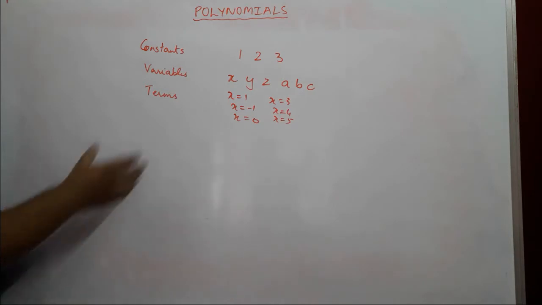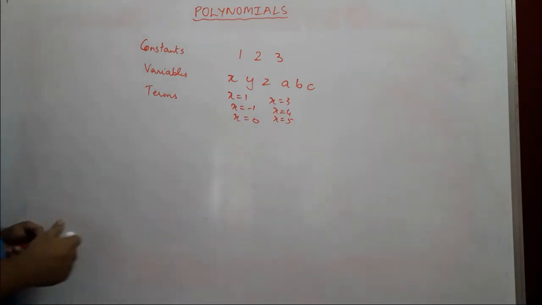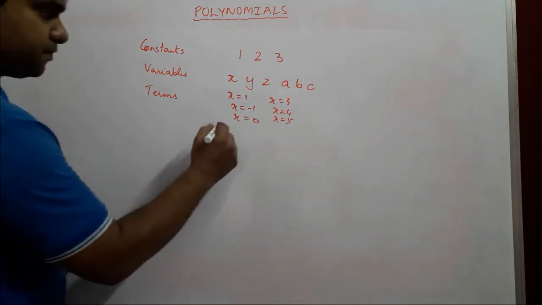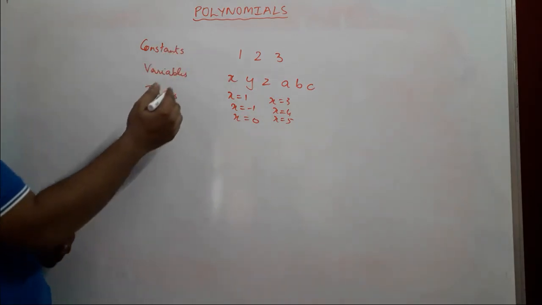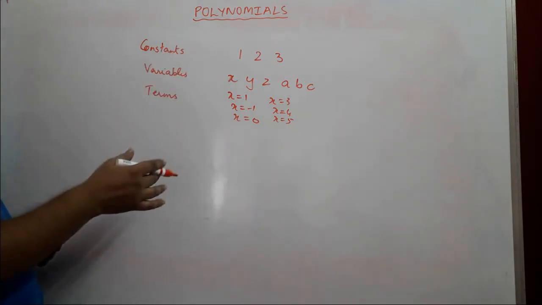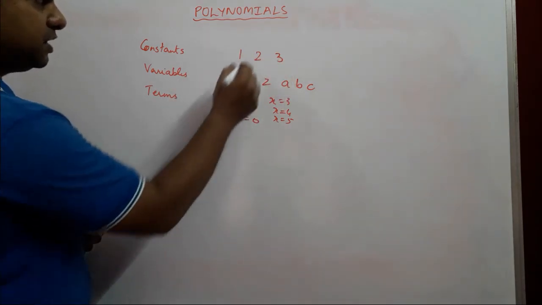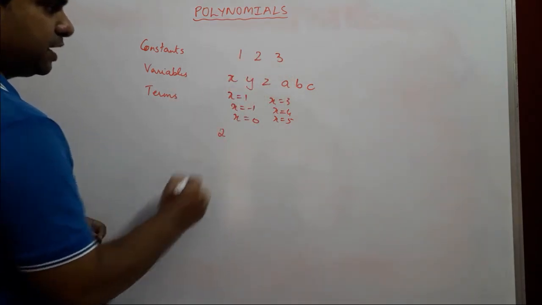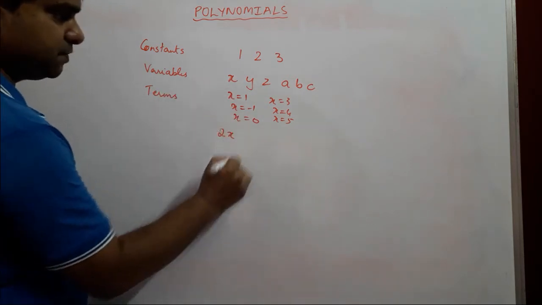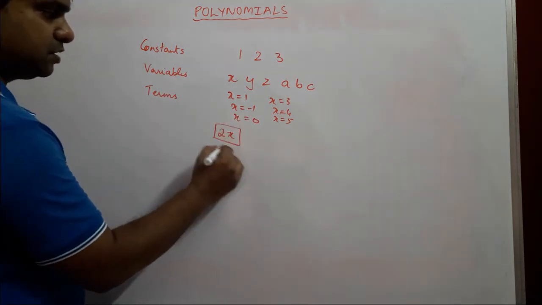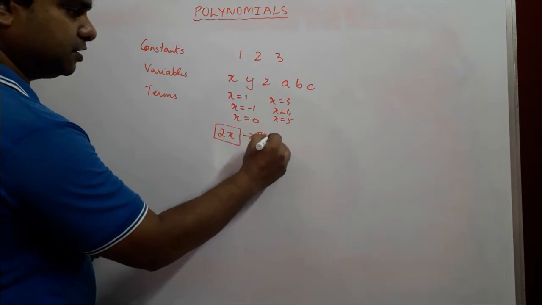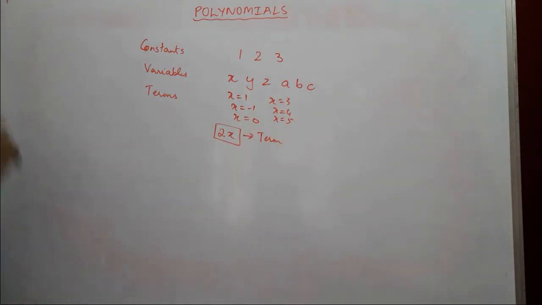Then you have something called terms. Constants and variables together make up one term. Let me show you. These are constants we said. So let's take 2 and let's take a variable X. This becomes a term, one term.